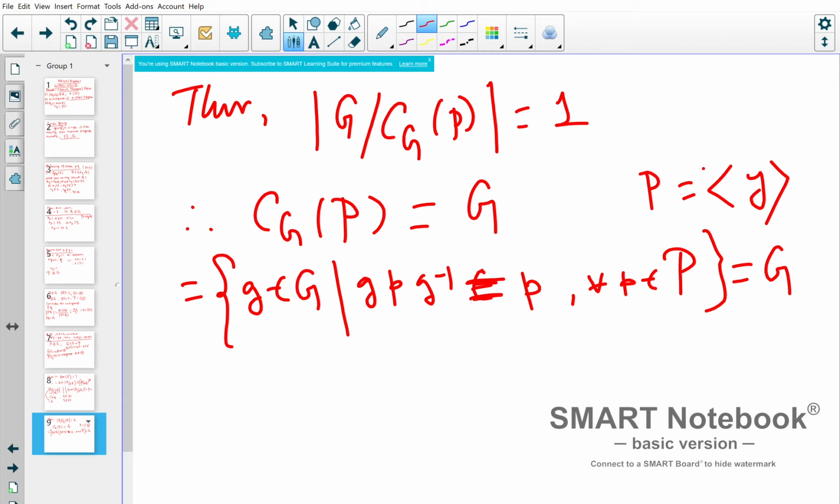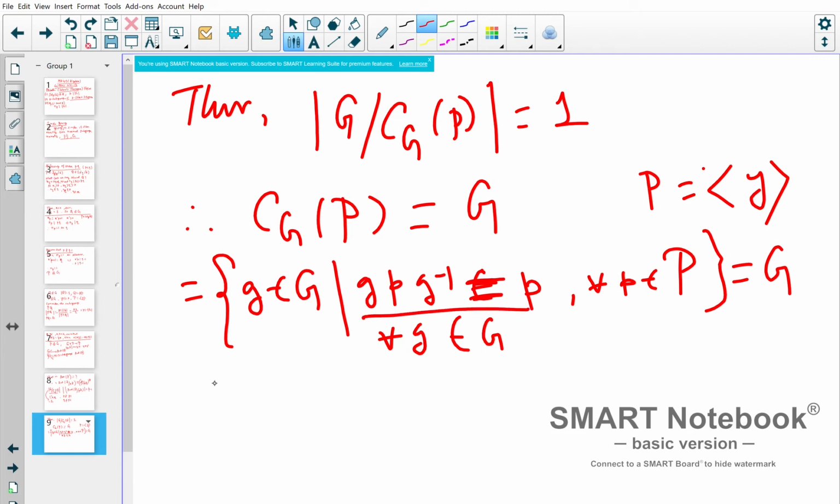That means, this is for all g belongs to G, right? So what does that mean? That means every element of G commutes with every element. So this is the commutative relation, right?